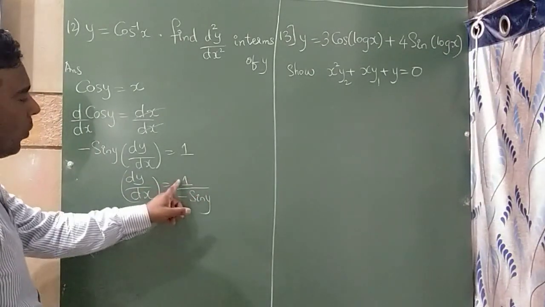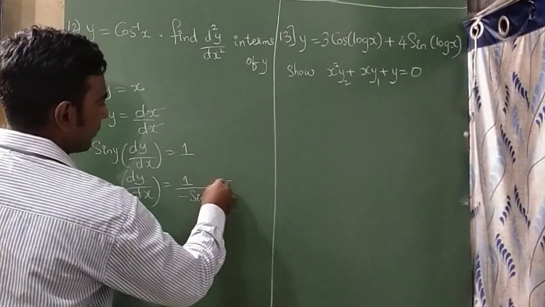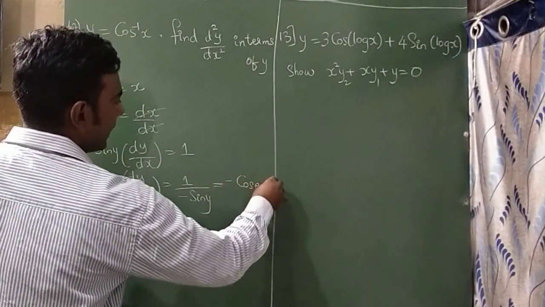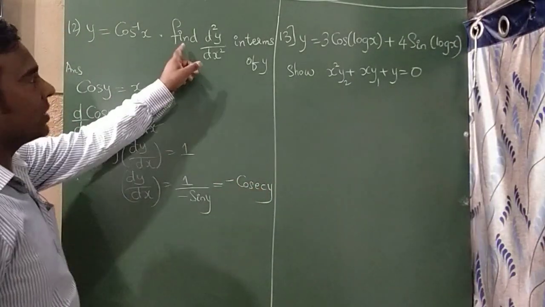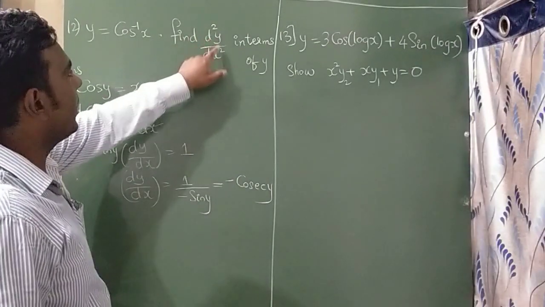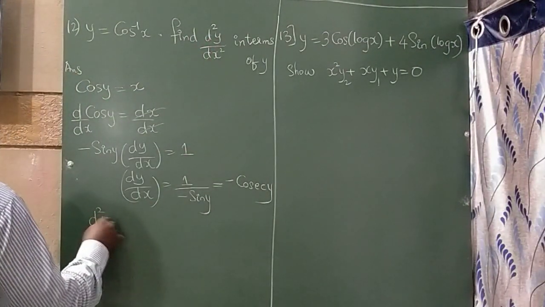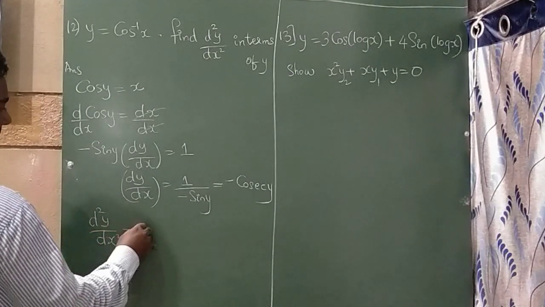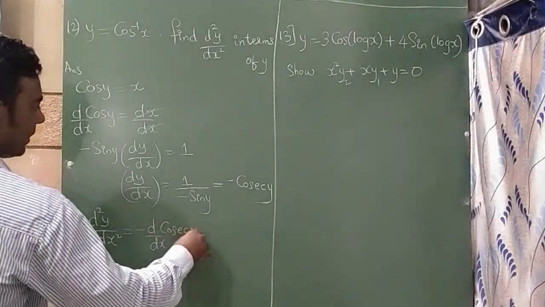As you know that 1 divided by sin is cosec y. So this minus comes here. Again I need to differentiate this, because the given question is find d square y upon dx square. So this will become d square y upon dx square, so minus d by dx of cosec y.